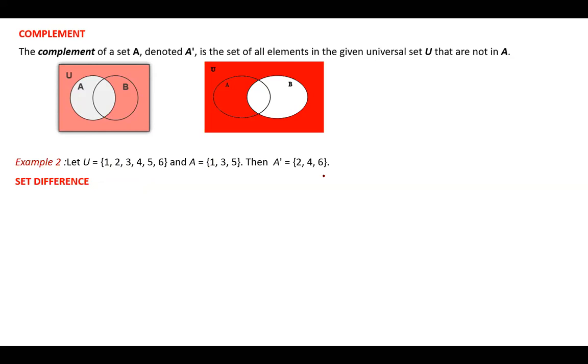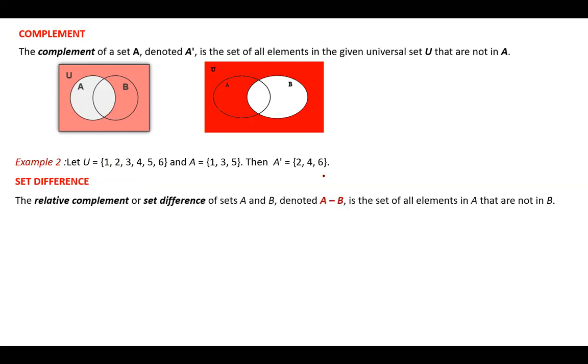All right, let's proceed. When you talk about the set difference, or rather the relative complement, in other words, it's a complement, but it's just a special complement. The relative complement of the sets A and B is denoted by A minus B. This is how you write the set difference.